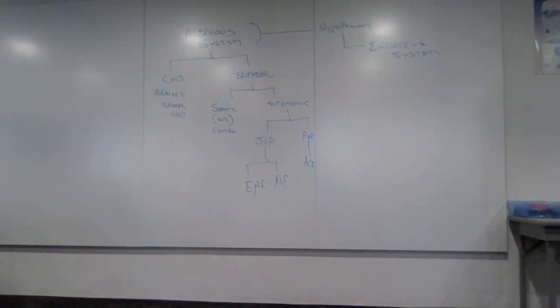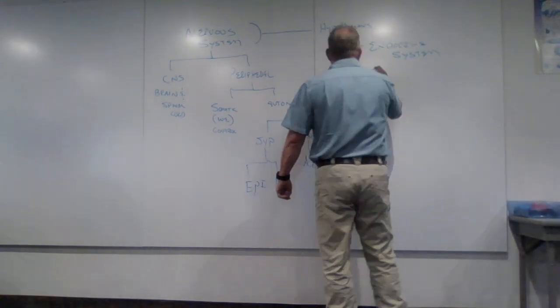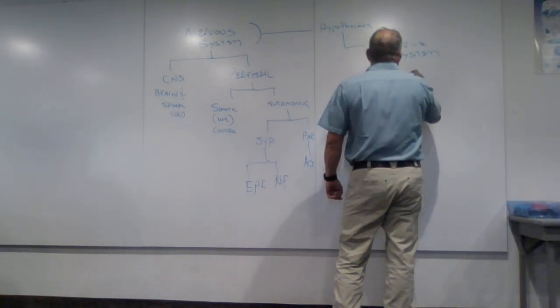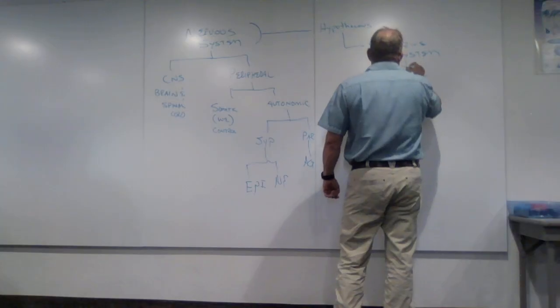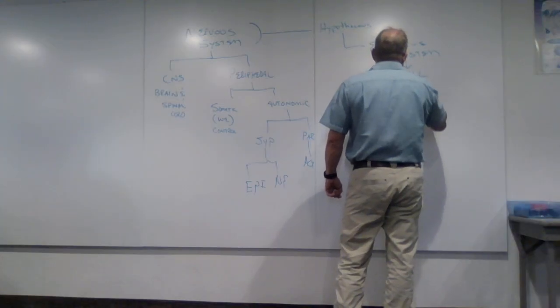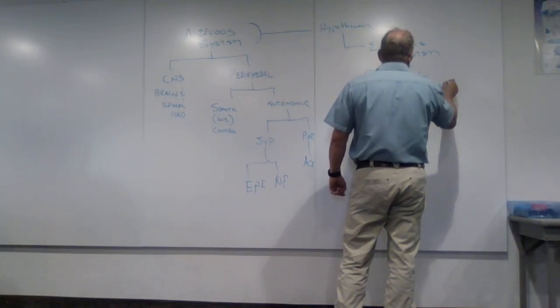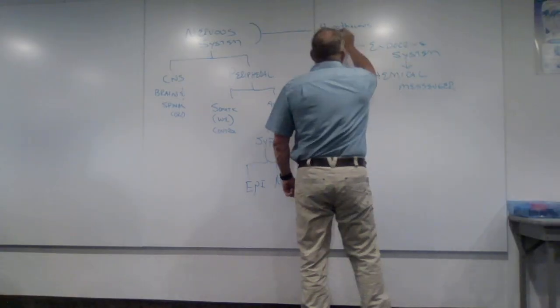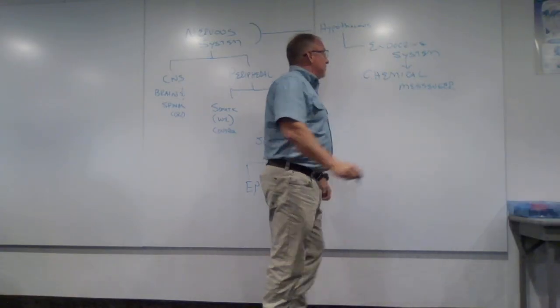Chemical messengers. Okay? So the hypothalamus controls the endocrine system.